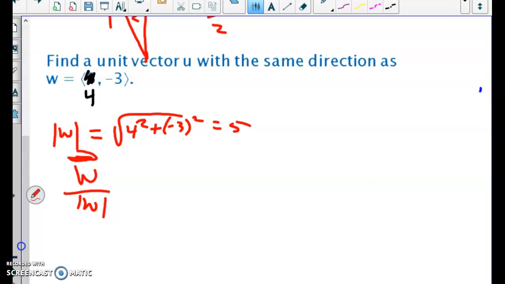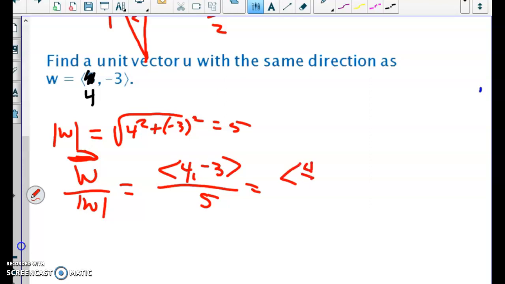Notice the vector symbol, it has only one arrow on top of it. It's like a line, but it only has one direction on that arrow. And so my vector, 4, negative 3 divided by 5, gives me a unit vector of 4 fifths and negative 3 fifths.